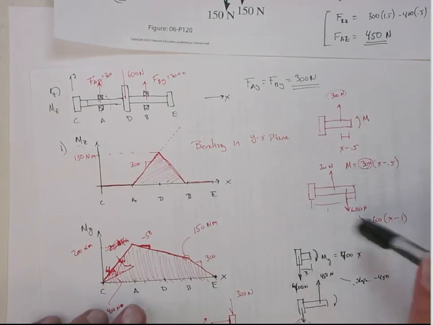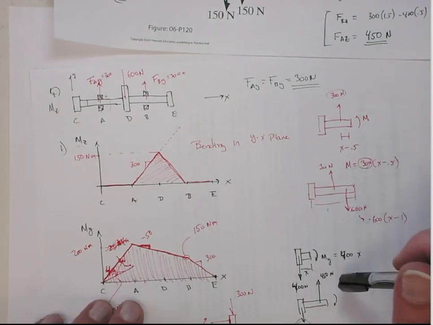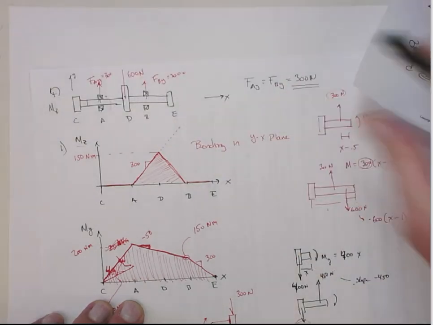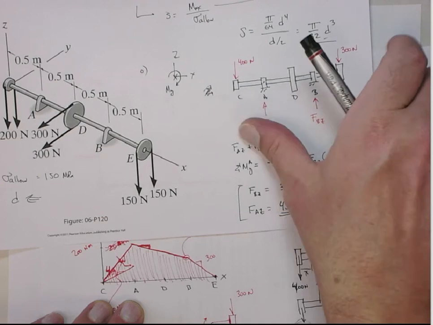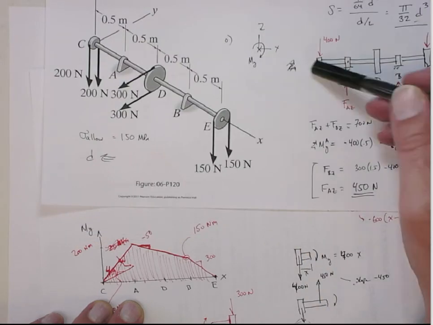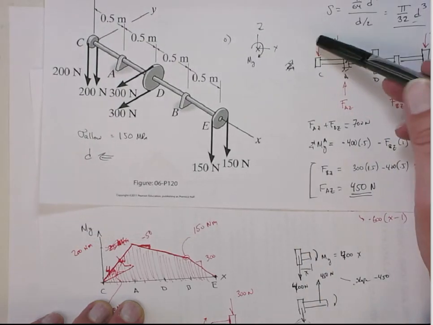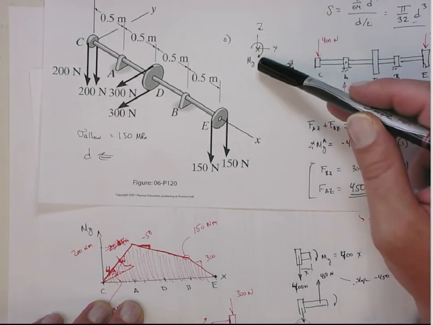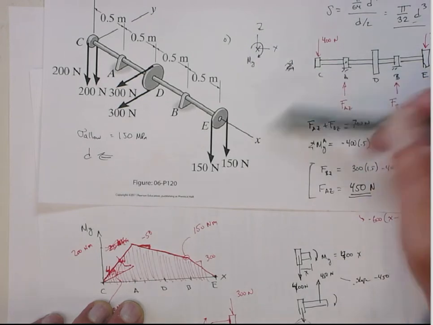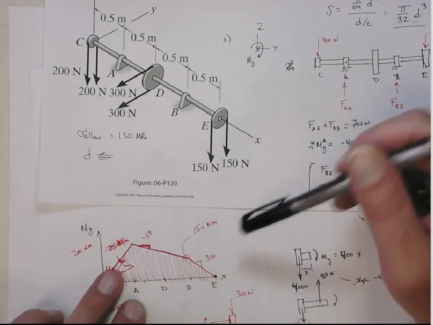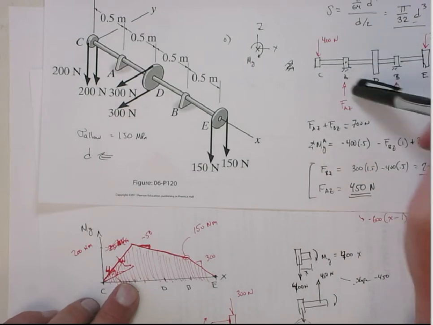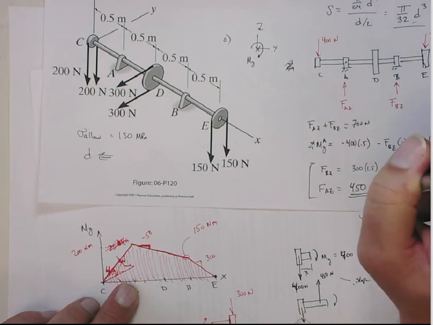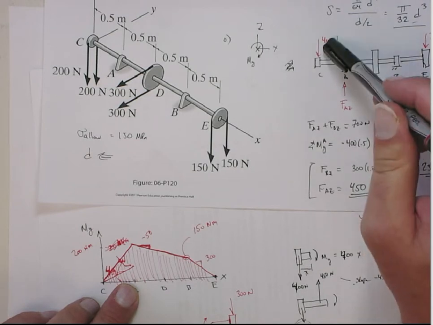Likewise, when we go from C to A, where's the actual diagram? From C to A, no, this is the one. From C to A, right? First we have the 400. This one turns out to give us a positive bending moment because the positive bending moment sense flips in that plane. So it slopes up at 400 until it gets to point A. And at point A, we have the difference of these two. So we have 400 down, and then 450 up, positive 400 and a minus 450.